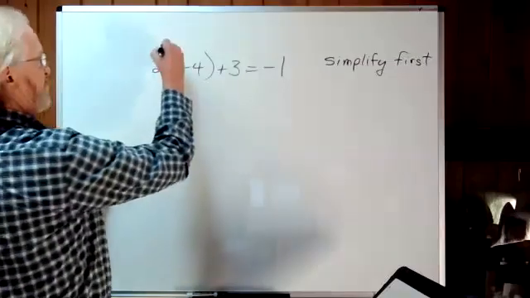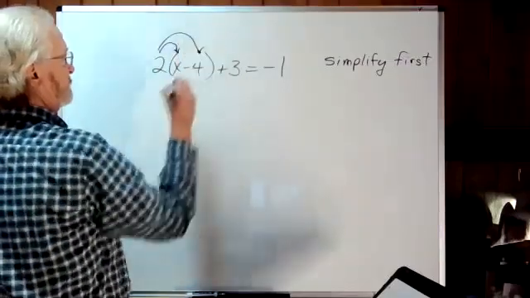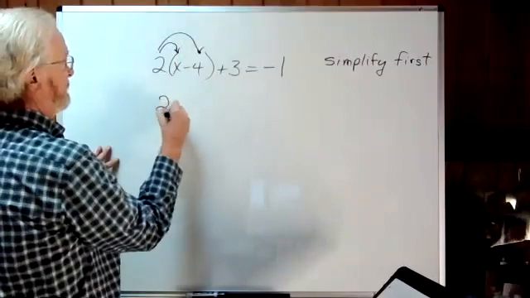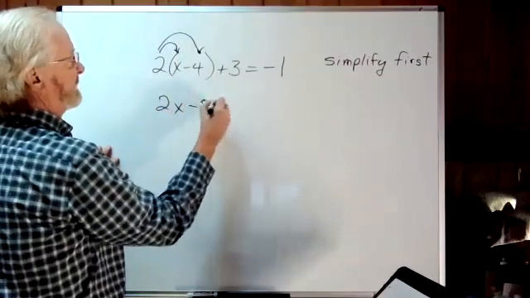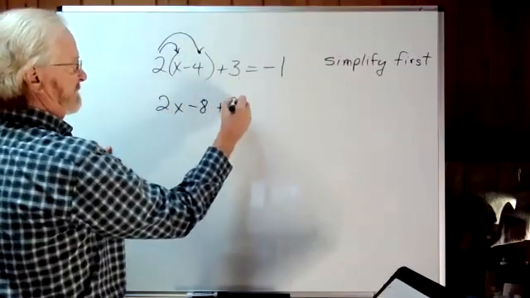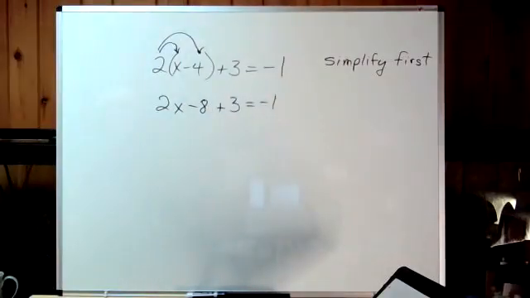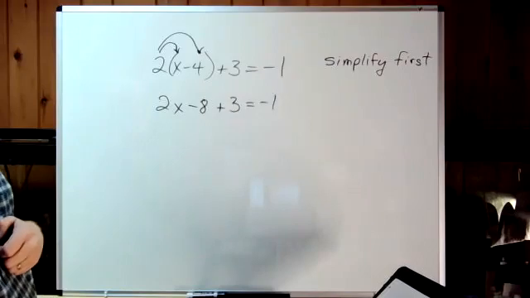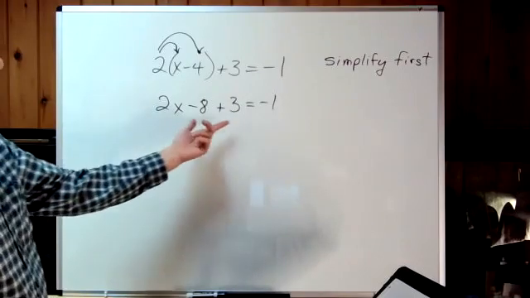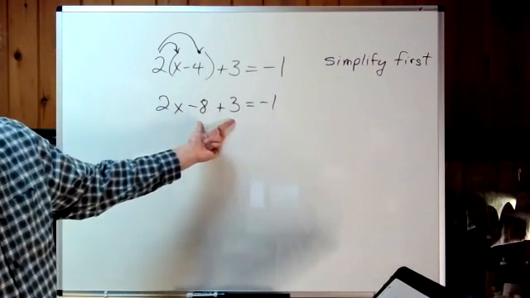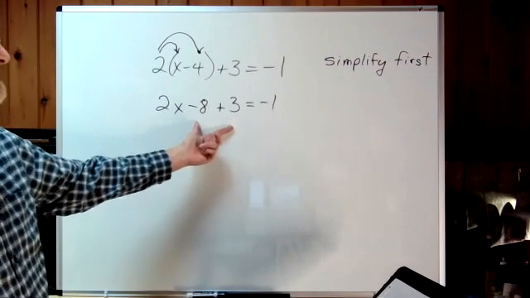All right, so 2 of this and 2 of that. My arrows all the time, right? And -8, and so here's the extra, +3 equals -1. Unlock the stuff in the parentheses. And I just happen to have some like terms to combine here. We'll put those constants together.